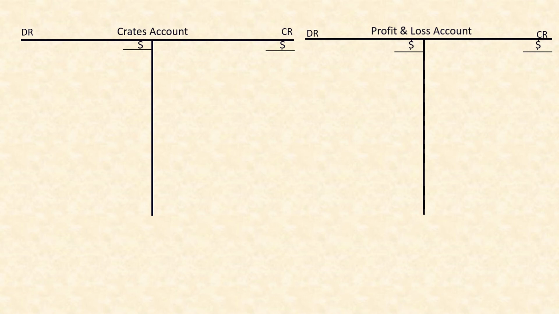Now, we have the first instance of purchase. We were told that in its first year, it buys crates costing $800. So what do we do when an asset increases in value? We debit the asset. So we are supposed to debit the crates account with the value $800.